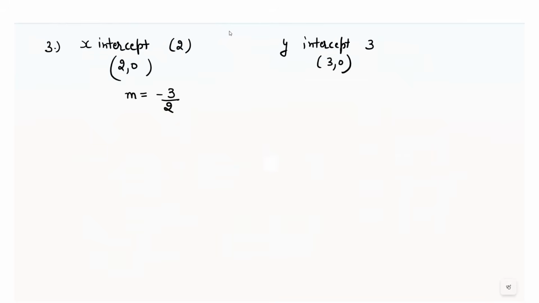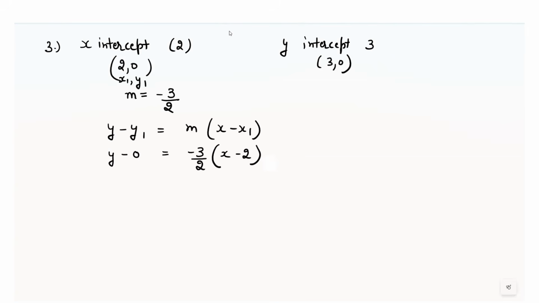Now we have to use the next formula: y minus y1 is equal to m into (x minus x1). This one we have taken as x1, y1, so we use the same values of x1, y1 in the formula. So y minus y1, what is the value of y1? 0, is equal to minus 3 over 2, and what is the value of x1? 2. We write 2 here.